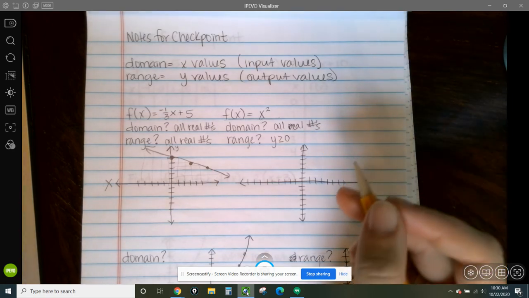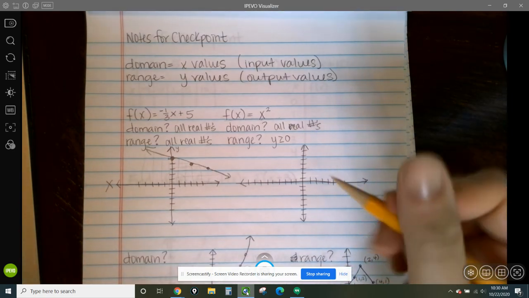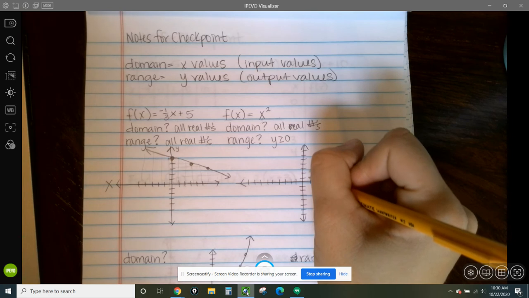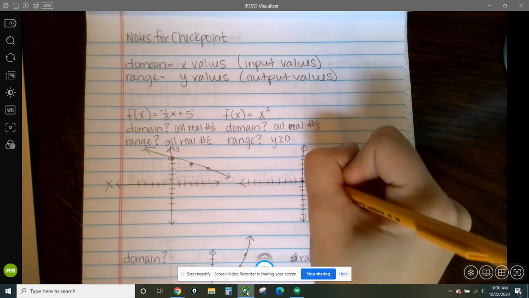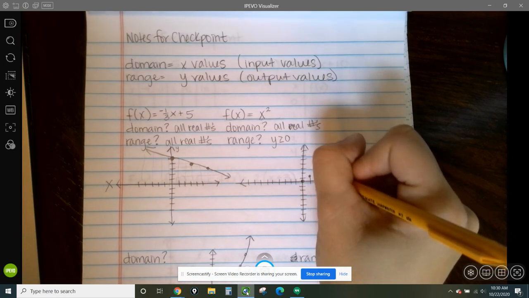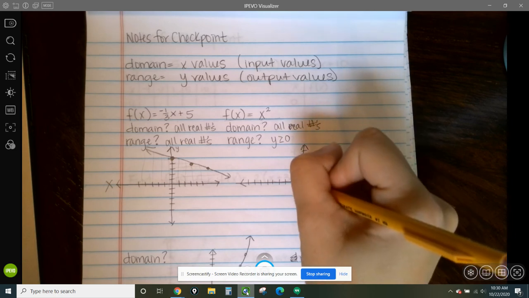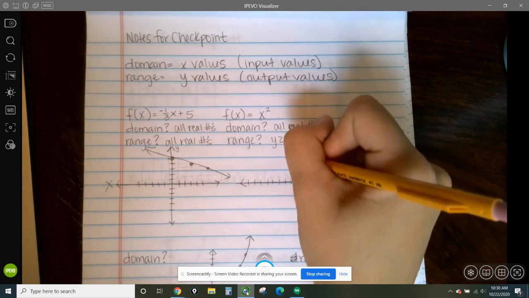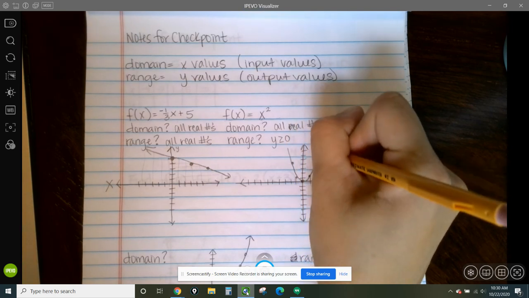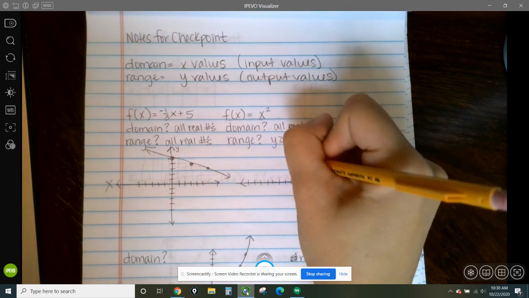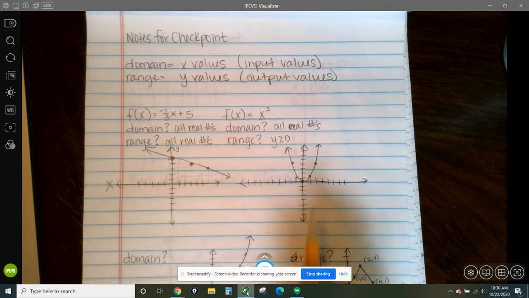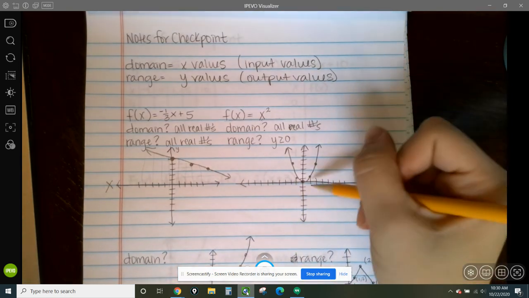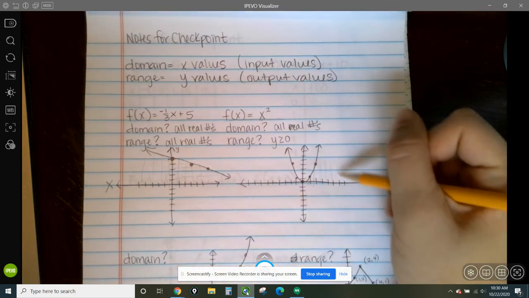So if we look at that on a graph, when I graph x squared, it ends up looking like this. And you've probably seen this before. This is called a parabola. It's the graph of x squared. So what this shows is that I could put any x value in that I want. I could even put these ones in.